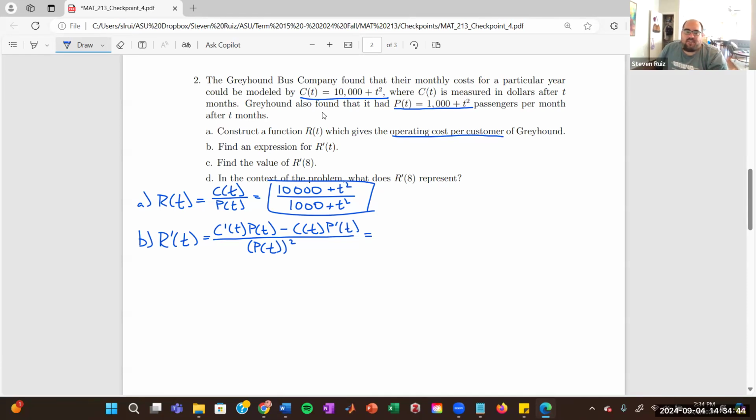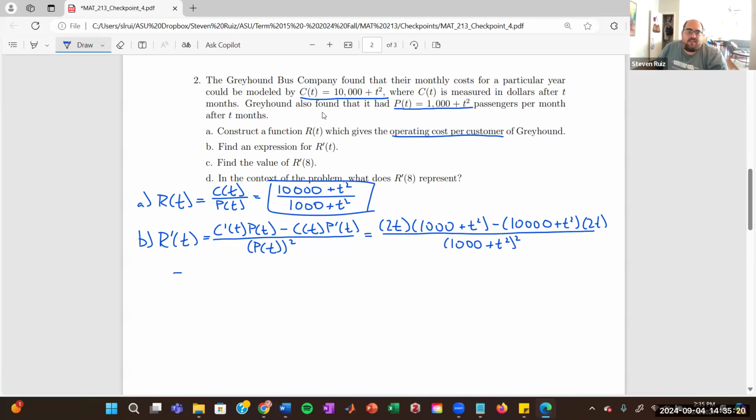So I have to make sure I get the order right. What's the derivative of C? The numerator here is going to be 2t. And then I multiply that by P of T, left unaltered. Then I subtract 10,000 plus T squared times the derivative of P, which is also 2t. And I take all of that and divide it by 1,000 plus T squared, squared.